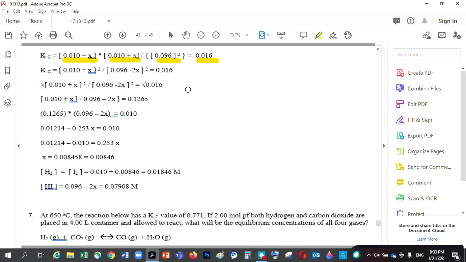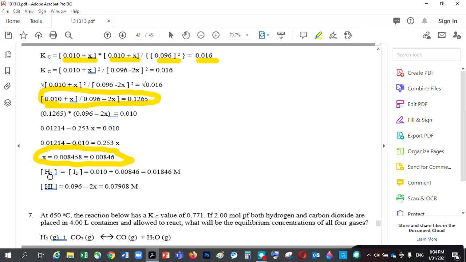Take the square root of both sides, and you will end up having this equation, correct? So then do your multiplication here, and you will end up just solving for x, and x will be 0.00846.